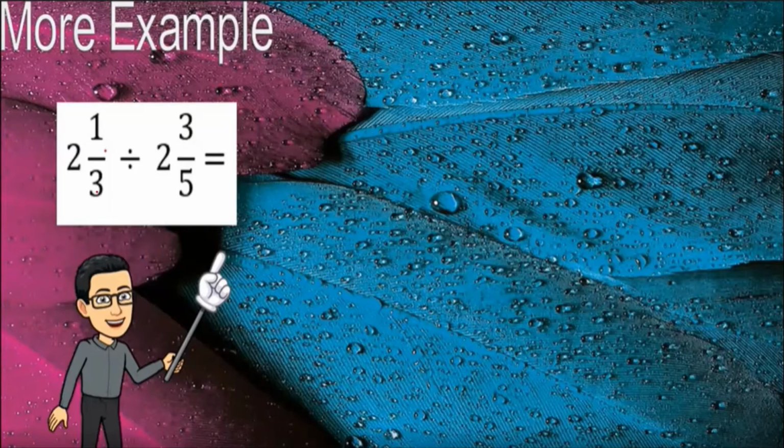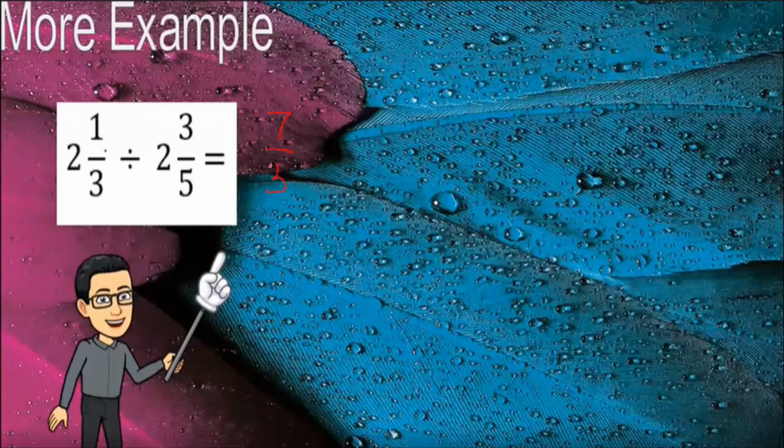So we have here 2 and 1/3. Change this one into an improper fraction. We have 3 times 2 is 6, and 6 plus 1, that is 7. So we have here 7 over 3.